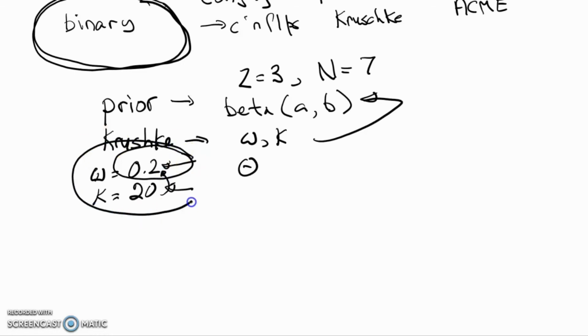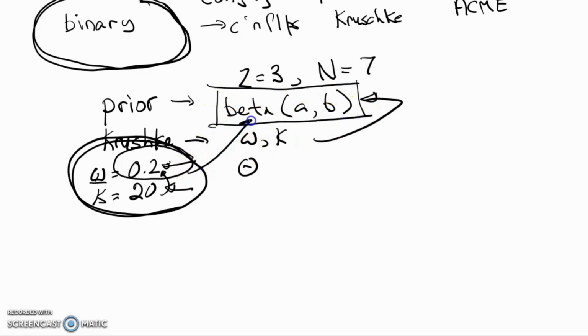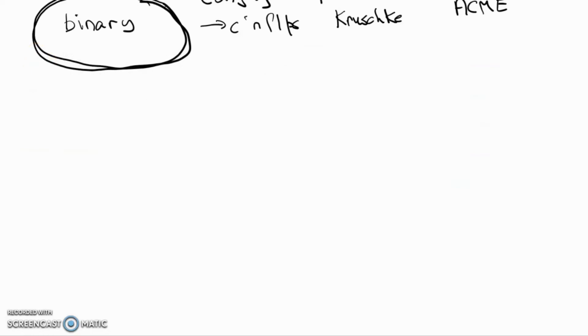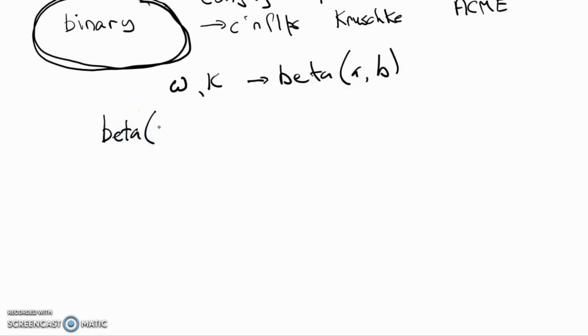So even though in my mind I'm going to parameterize according to omega and kappa, to get this process to work, we're going to have to convert from omega and kappa to A and B. And as we saw in the previous video, that's not tough to do, because if we've got omega and kappa, then beta A B can be expressed as beta of omega times (kappa minus 2) plus 1.